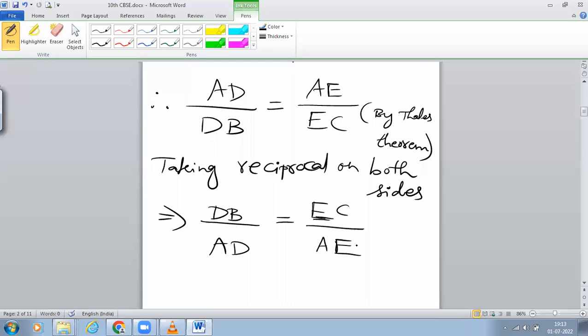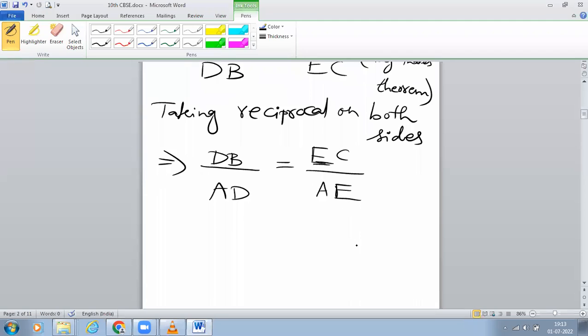Are you able to understand this? We are just taking reciprocal. This is an equation, right? In an equation, we can take reciprocal on both sides, there is no problem.